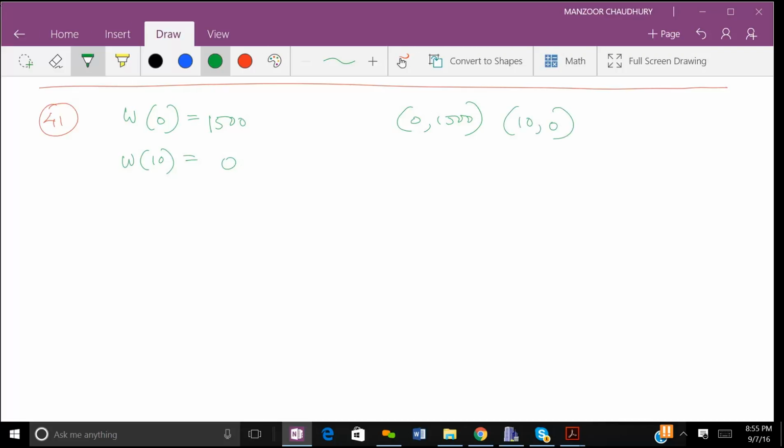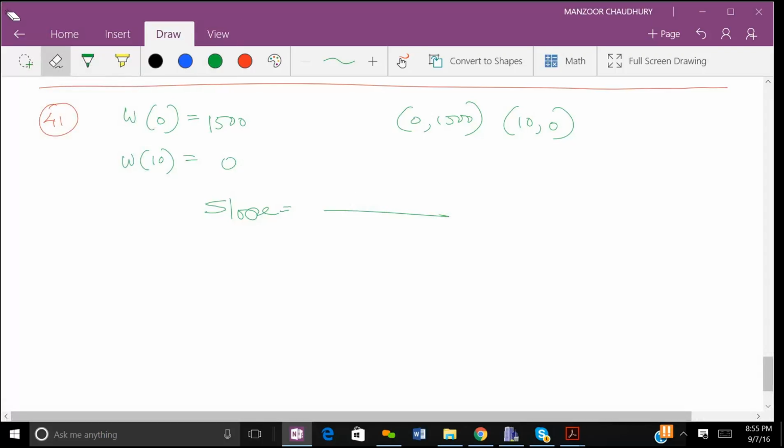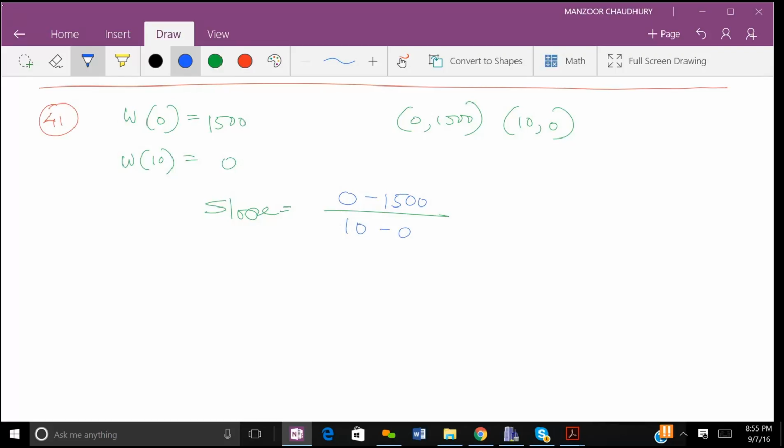So what is the slope? Slope is, we do 1,500 minus 0, I mean, actually, we can do the other way. No, let's do the 0 first, okay? 0 first. Negative 150, okay? So it goes down. Okay, so let's see. What is the equation?